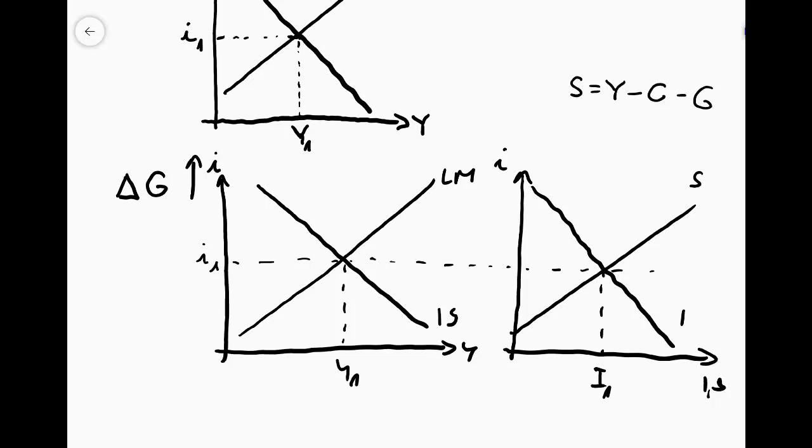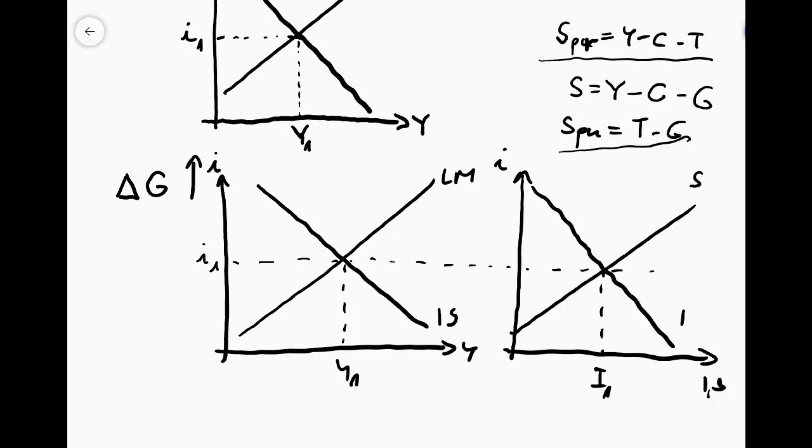Or, in other words, we knew that we had a private savings which was Y minus C minus T, and a public savings which was nothing else than T minus G. Okay, so there was a private savings and a public savings, and if you added up these two, then you got the national savings.